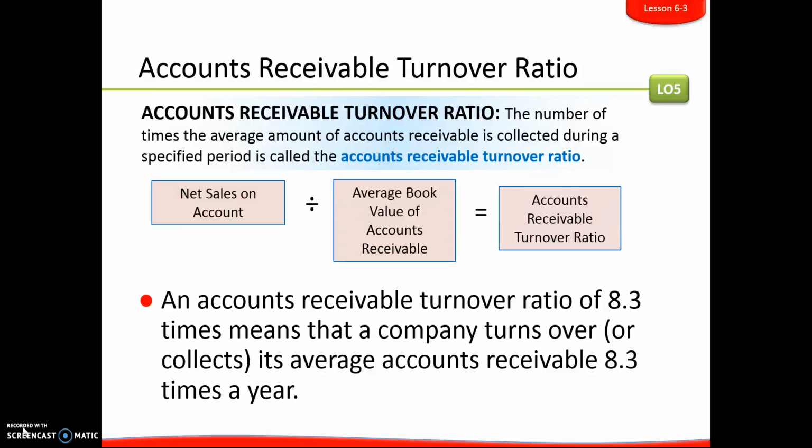So in order to do that ratio, we take our net sales on account divided by the average book value of accounts receivable, and that gives us our accounts receivable turnover ratio. So if we ended up with a turnover ratio of 8.3, that means that a company turns over, or essentially collects the money due its average accounts receivable, 8.3 times a year.